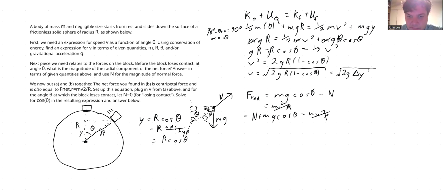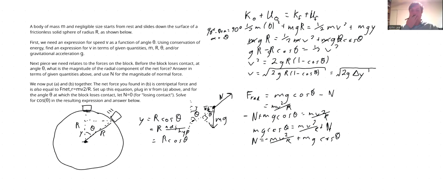N is then equal to mg cosine theta, adding N on both sides, is equal to mv squared over r minus N, or plus N. So N is equal to mg cosine theta minus mv squared over r.